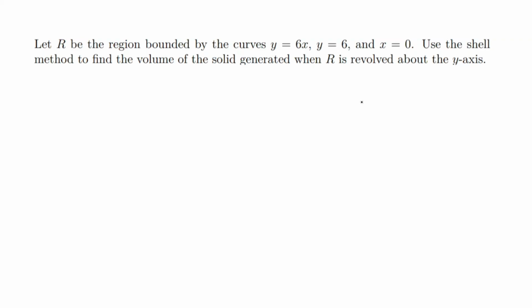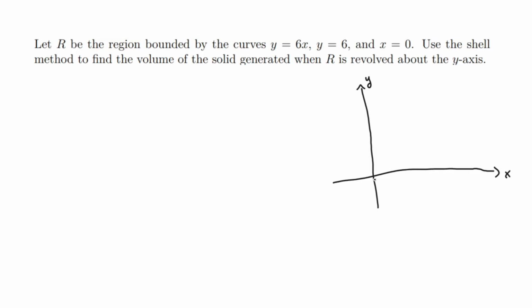This is the region bounded by the curve y equals 6x, y equals 6, and x equals 0. Use the shell method to find the volume of the solid generated when the region revolves about the y-axis. So first of all, I'm going to graph the function y equals 6x. So this is x, this is y.